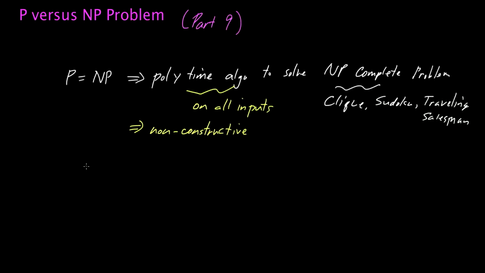Now, most theoretical computer scientists feel that P and NP are not equal. And despite that feeling, neither I nor anyone else in the world currently can construct a logical argument, a mathematical proof, to that effect.